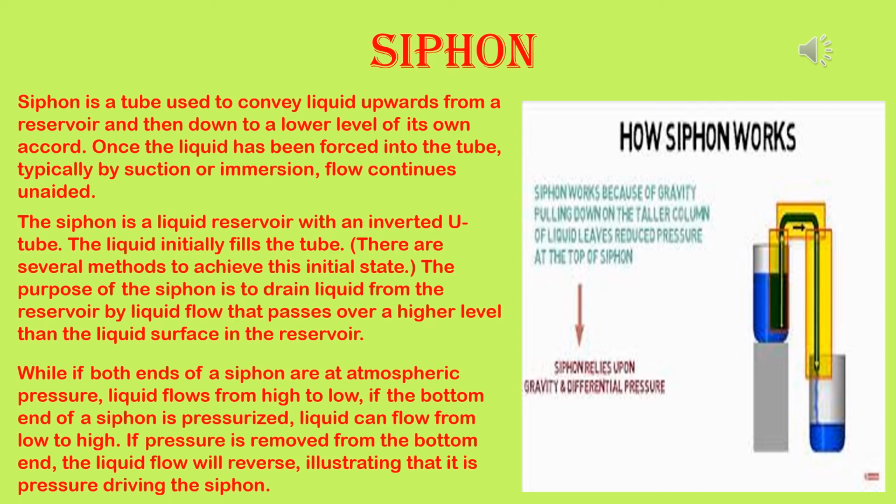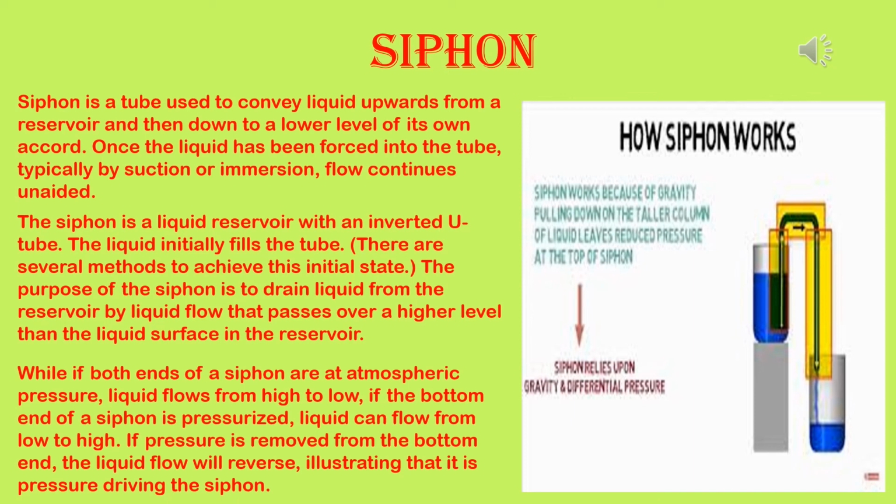Now the pressure at B is equal to the pressure at A minus the pressure of the liquid of height H1. That is equal to P minus H1 rho g. And the pressure at C is equal to the pressure at D minus the pressure of the liquid column of height H2, that is equal to P minus H2 rho g.